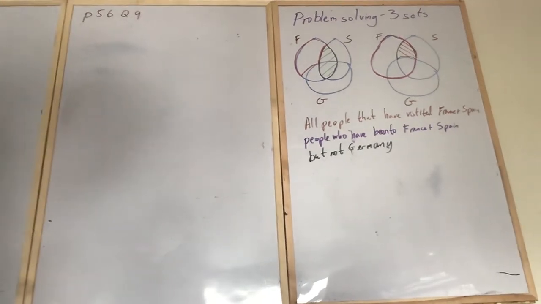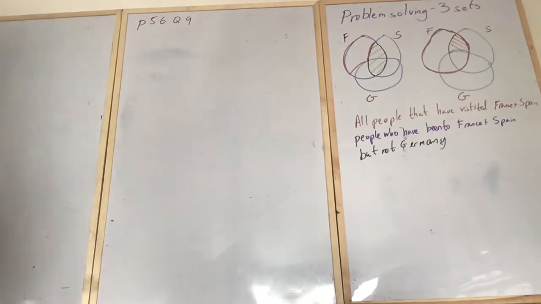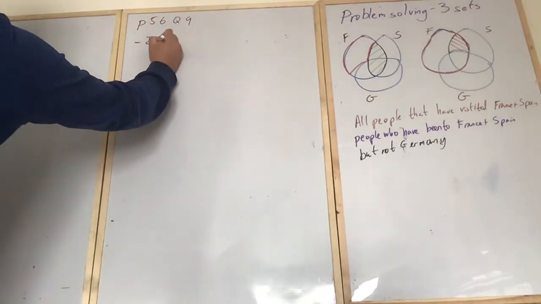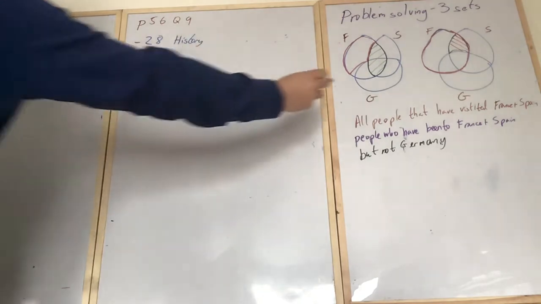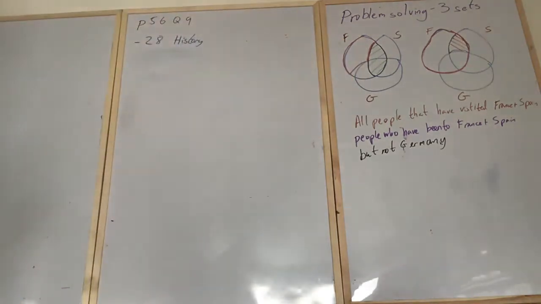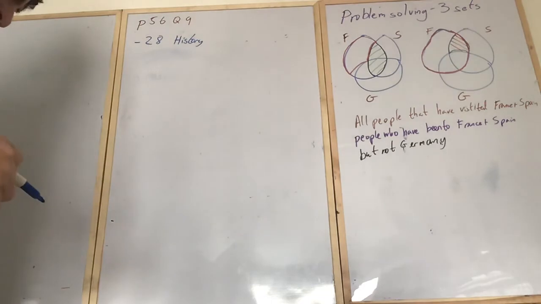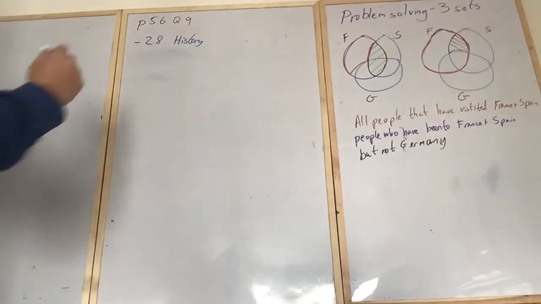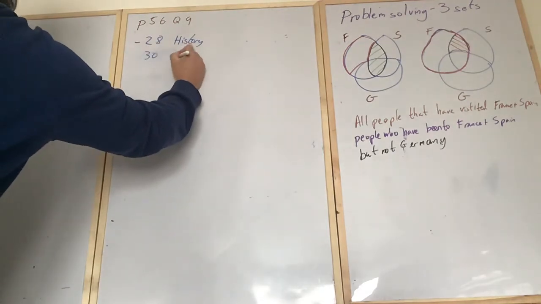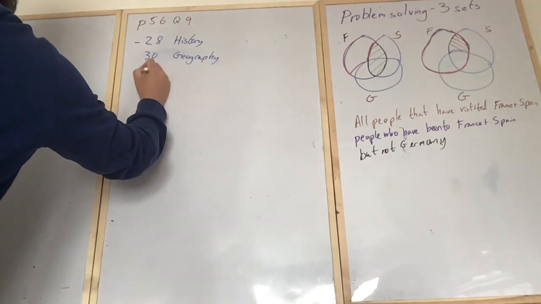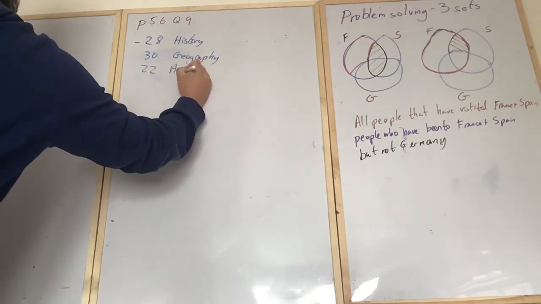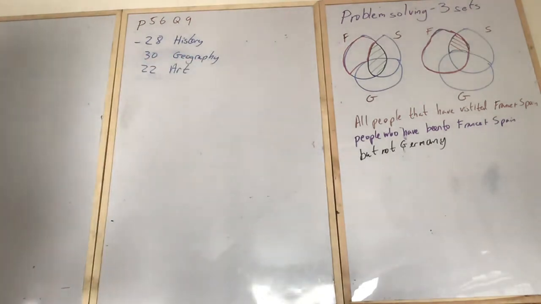Okay, so I'm just going to move that over. So, what you should write, first line, we had 28 history, which will be all the regions of history, not just history only. Then you would have had 30 studied geography, and we had 22 had studied art. Okay, first 3. The fourth one then was 6 studied history only.